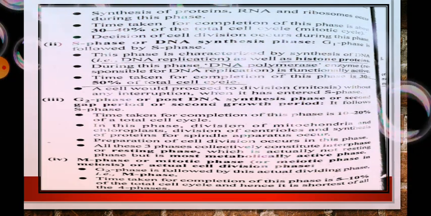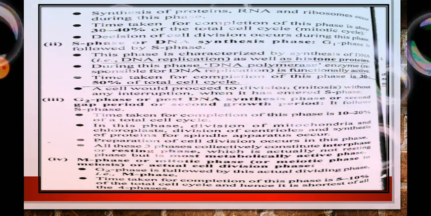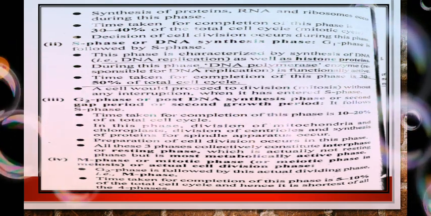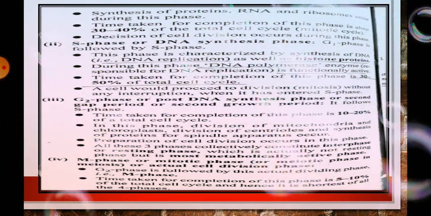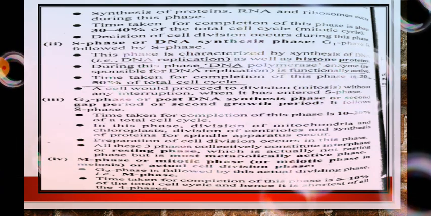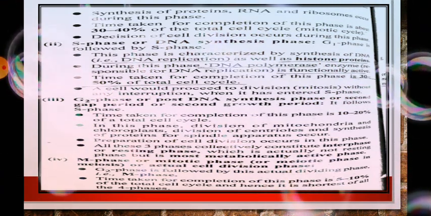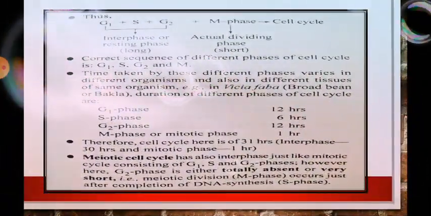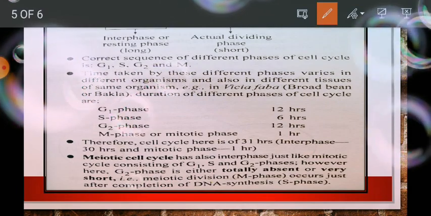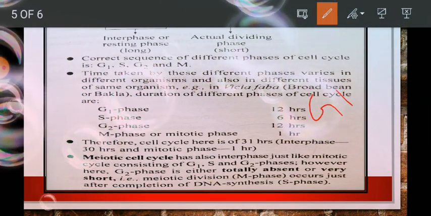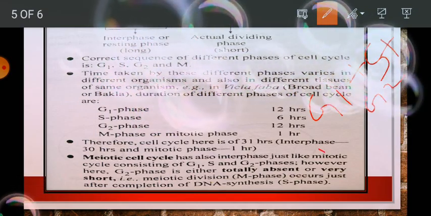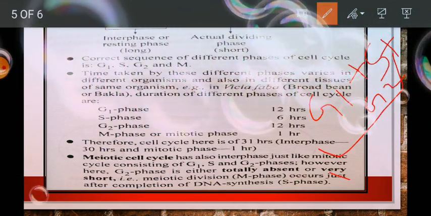So of the total 31 hours, 30 hours is the interphase, and the mitotic phase requires only 1 hour for completion of the cycle. Here you can see that G1 plus S plus G2, these three are known as the interphase.